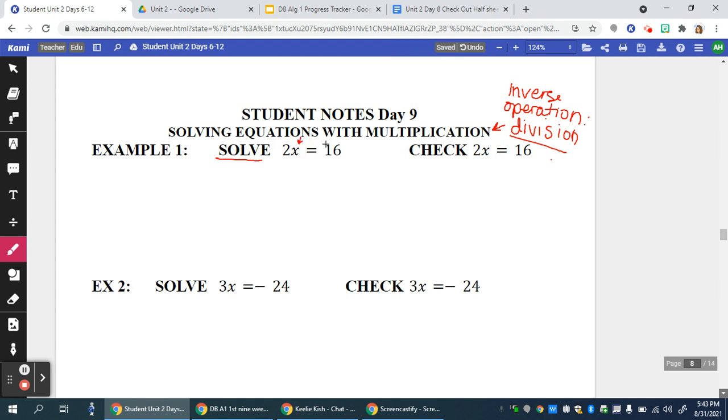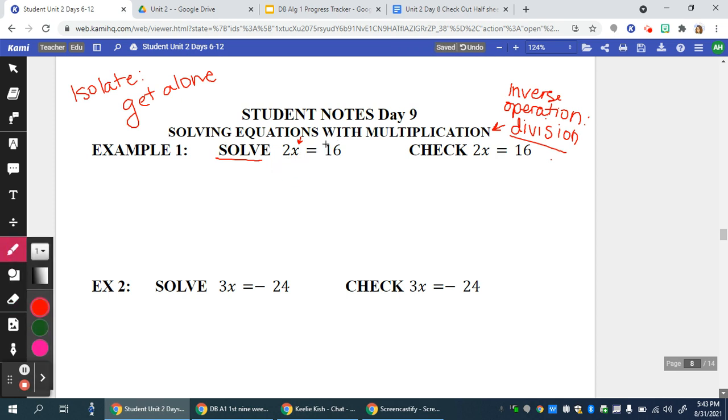Again, we need to isolate the variable. Isolate still means get alone. Whenever we have two things right next to each other, that is multiplication.